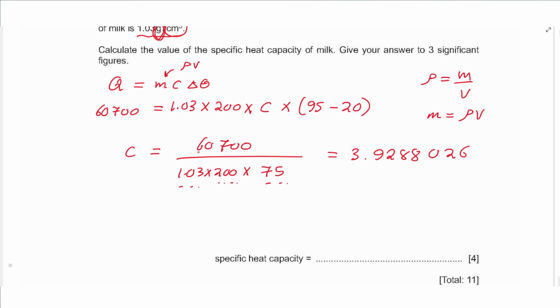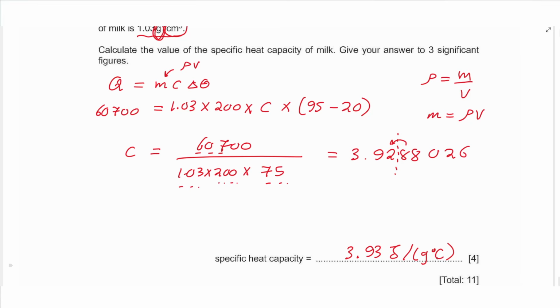This is 2. This is 3. So we can use 3 significant figures to be safe, and the 8 rounds up the 2. So we will write 3.93 joules per gram degrees Celsius, since we used mass in grams.